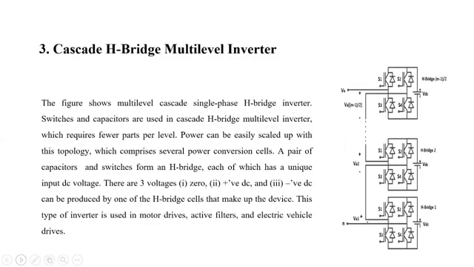A pair of capacitors and switches form an H-bridge, each of which has a unique input DC voltage. Three voltages, 0, positive DC voltage, and negative DC voltage, can be produced by one of the H-bridge cells that make up the device. This type of inverter is used in motor drives, active filters, and electric vehicle drives.